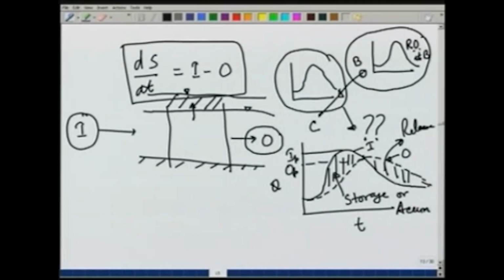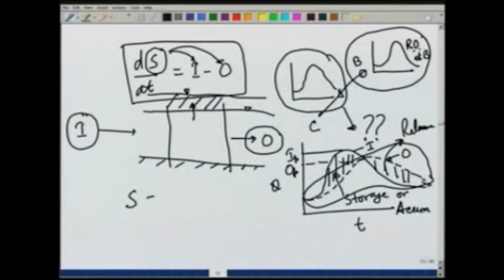And the aim of all these routing, flood routing or storage routing, is to obtain this curve for O, given the curve for I, and for that we need some kind of relation between S and I and O. For example, in Nash model we have assumed a linear relationship between S and O, but in most cases S will depend on both I and O, and therefore, typically we write S as a function of both I and O, and there are different methods which we will discuss later on for routing a flood through a reservoir or a channel.